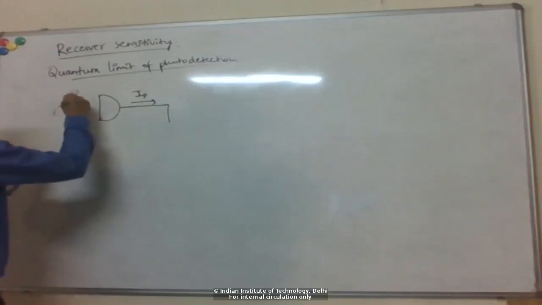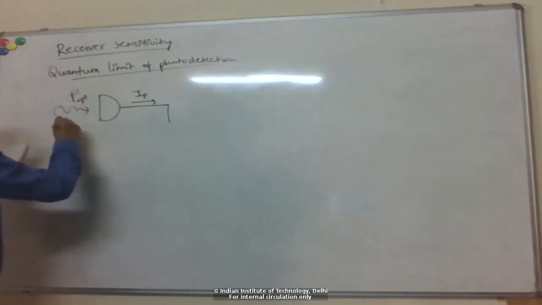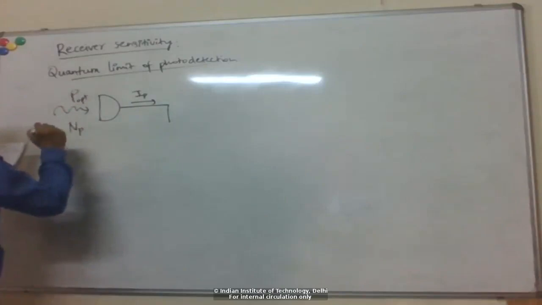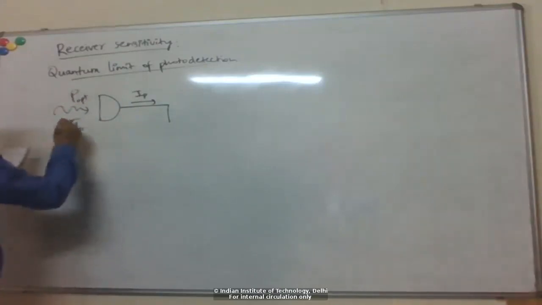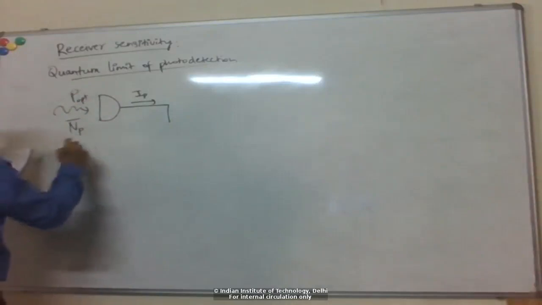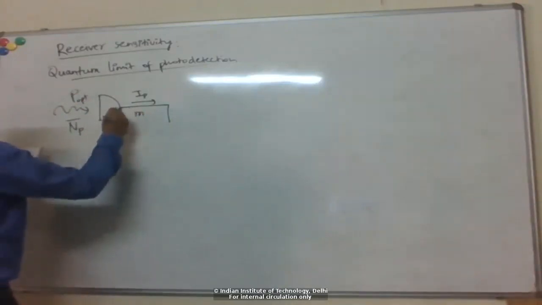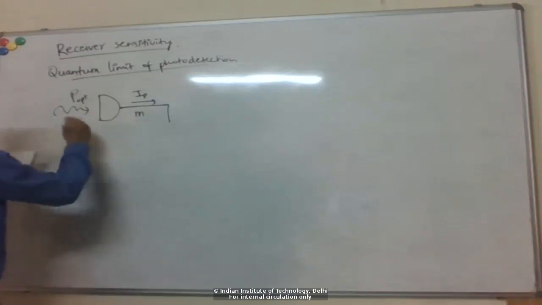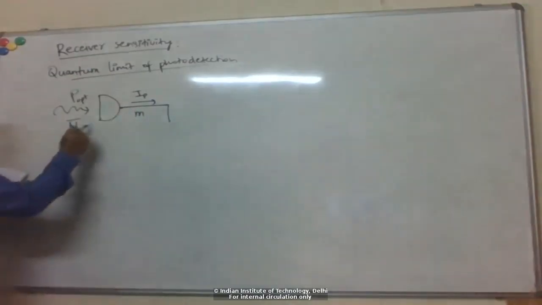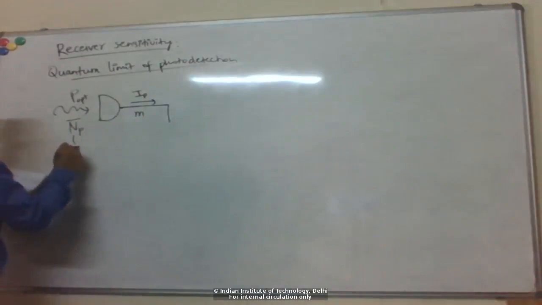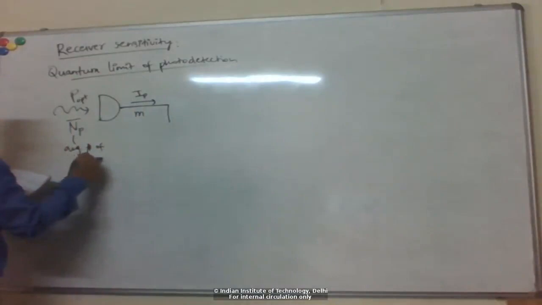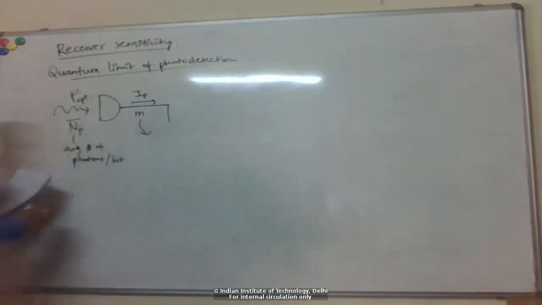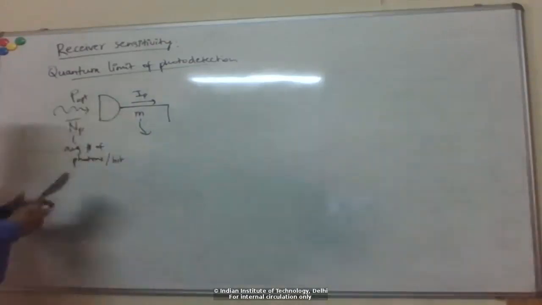Okay, so let's say you have some optical power incident here with some average number of photons per bit, Np bar. This is the average number of photons per bit, and it generates an average of m electrons.